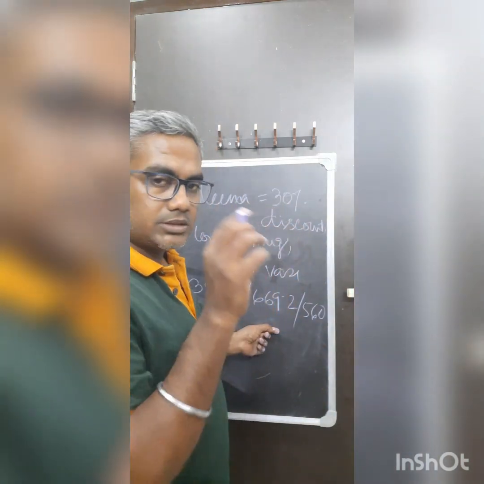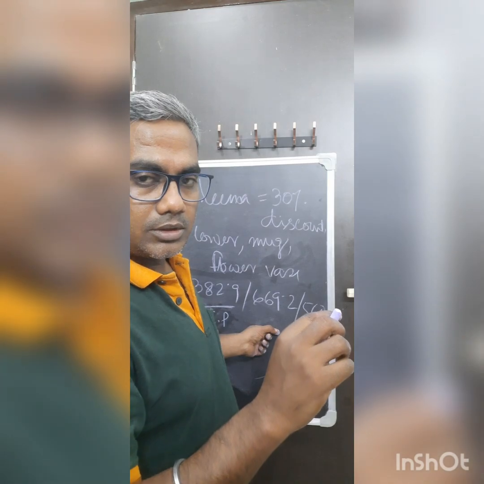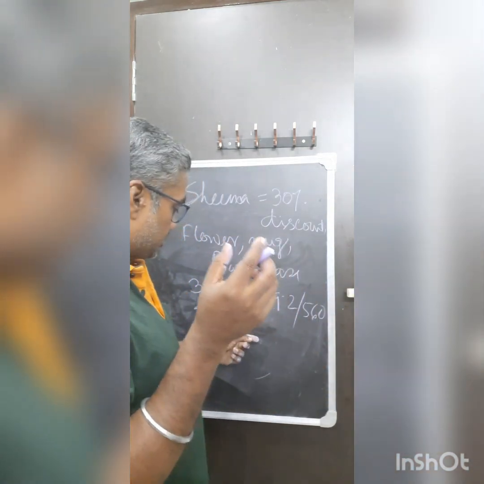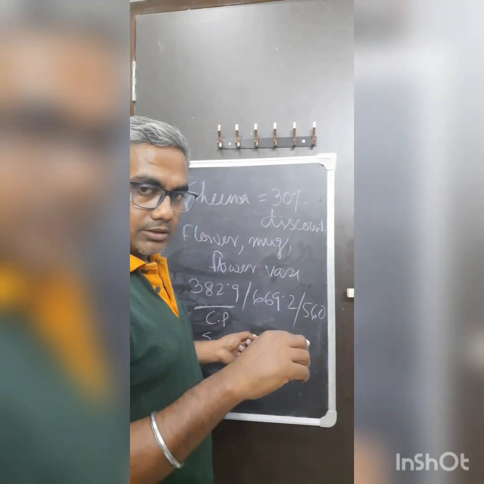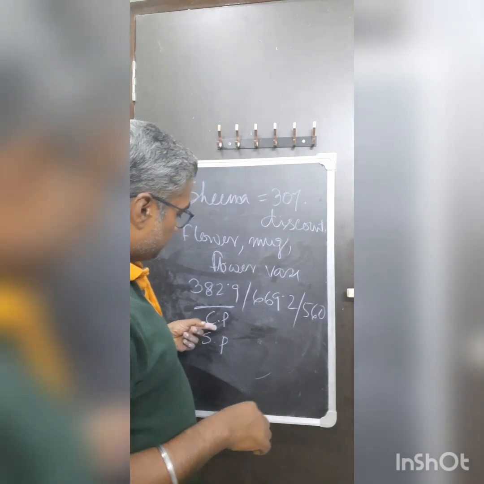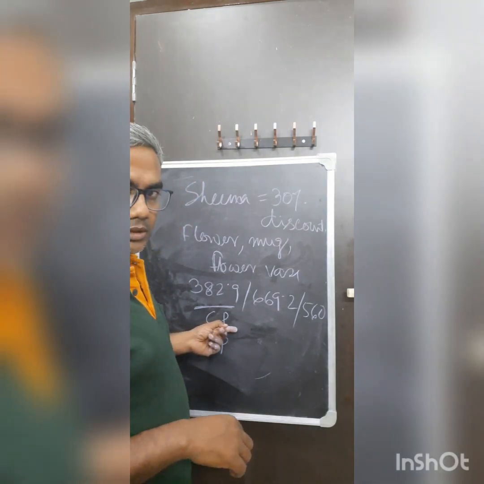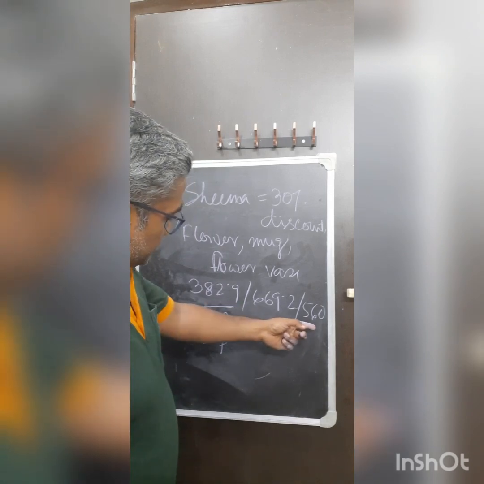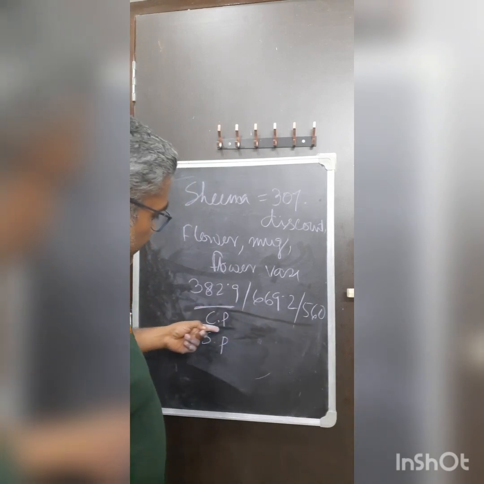So there is a margin for discount. If I discount it, the ultimate price that I get, the buying price, is the cost price for the product. So Seema is getting all three at these cost prices.